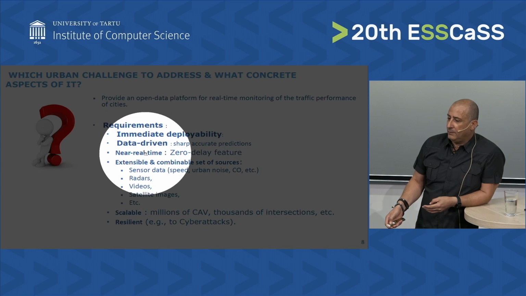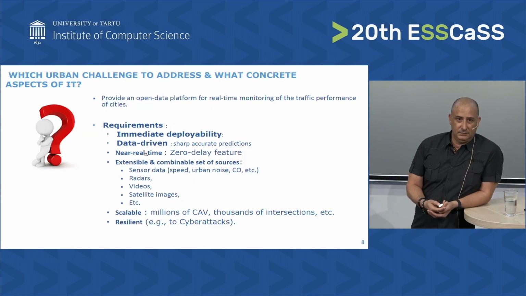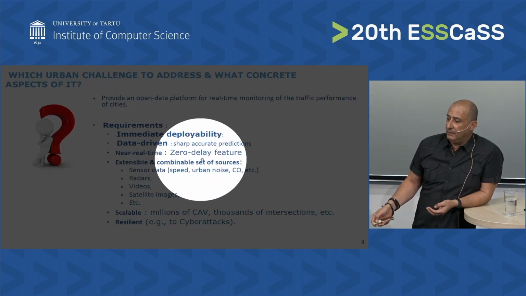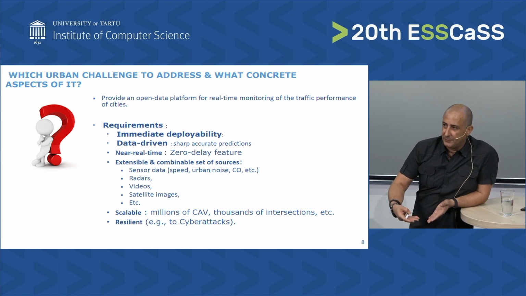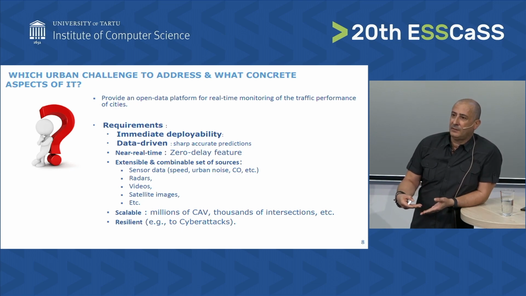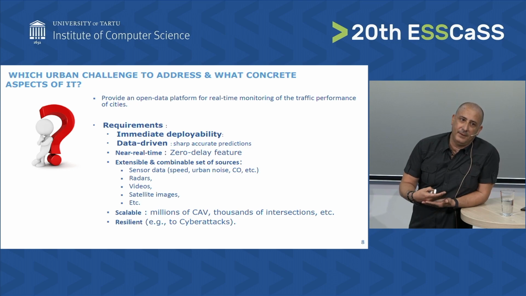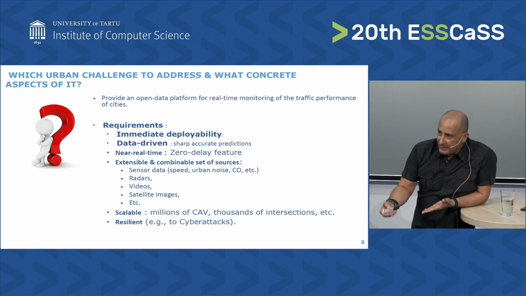The third requirement is that it should be near real time. Near real time means the zero delay feature; we would like to provide the proactivity feature. It means that we would like to not ground our decision-making process on immediate data.